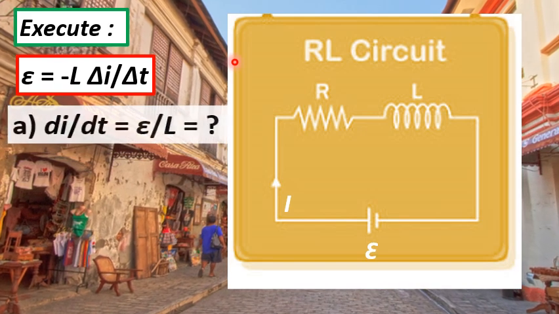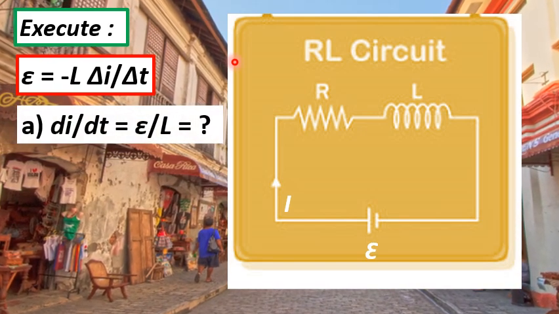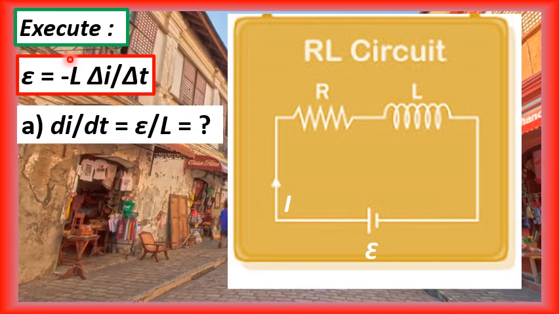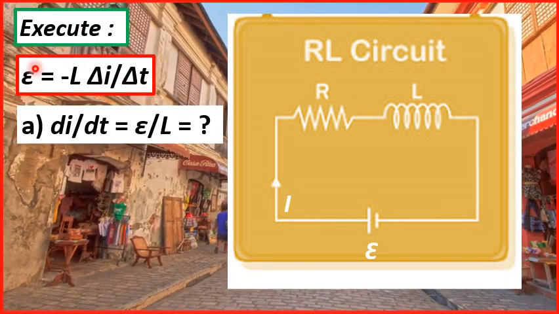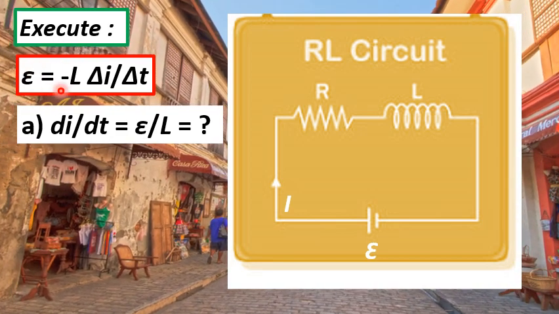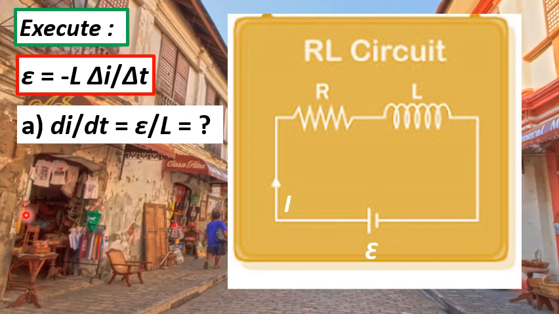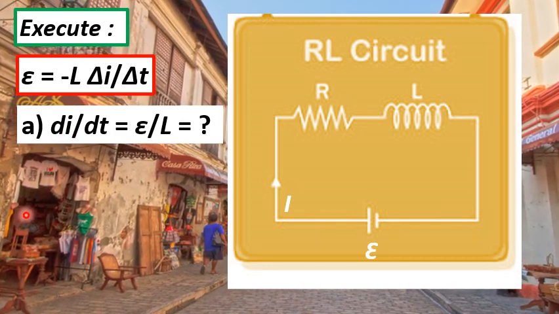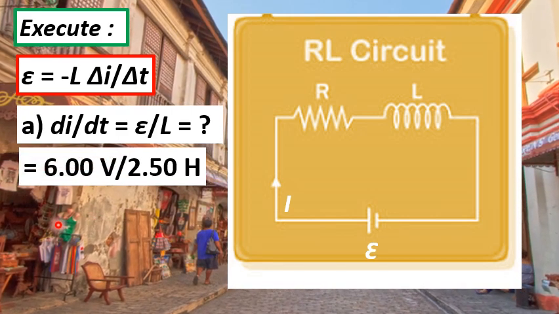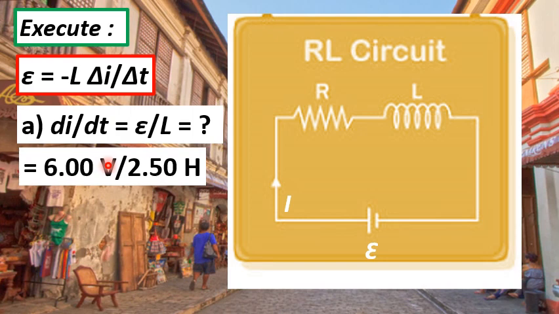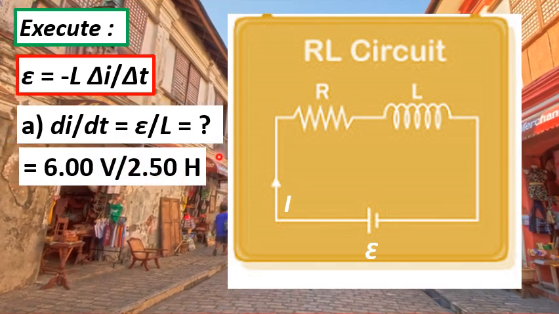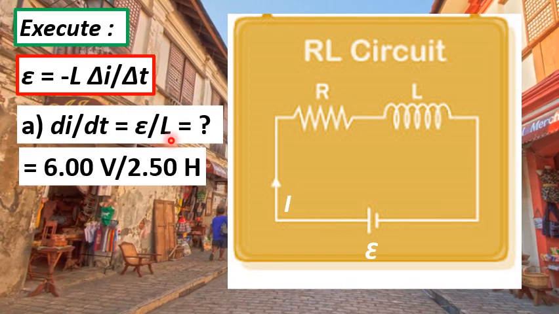So to compute the initial rate of increase in the current at time equals 0, we just get the value of the EMF divided by the amount of the inductance, capital L. That is, di over dt equals 6.00 volts, the value of the EMF, divided by 2.50 Henry, which is the given inductance.